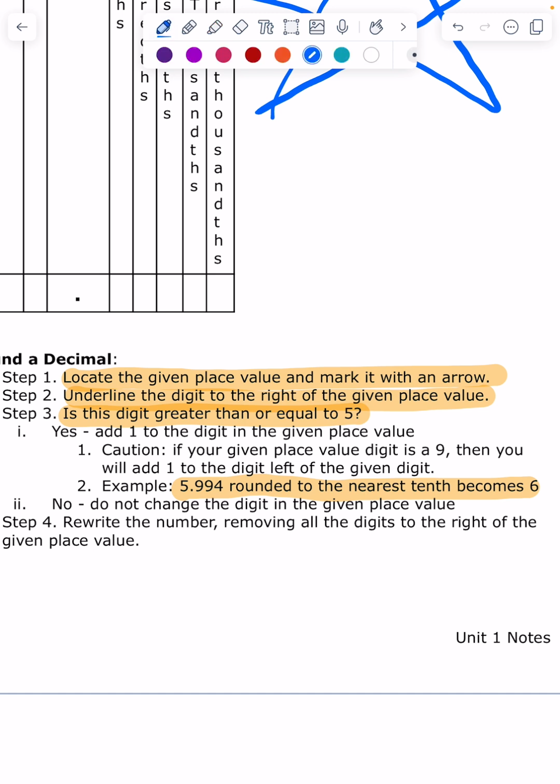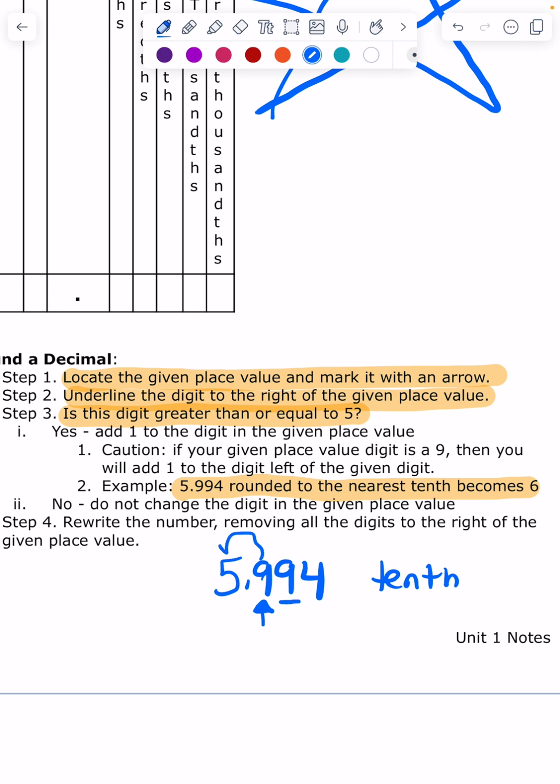Okay, so we have 5.994, and we're rounding to the nearest tenth. The place value I'm rounding to is right here, and I'm marking it with an arrow. It's that first 9. The one to the right of it is another 9. So this 9 would get bumped up, but there's nowhere to go. 9's the highest one-digit number.